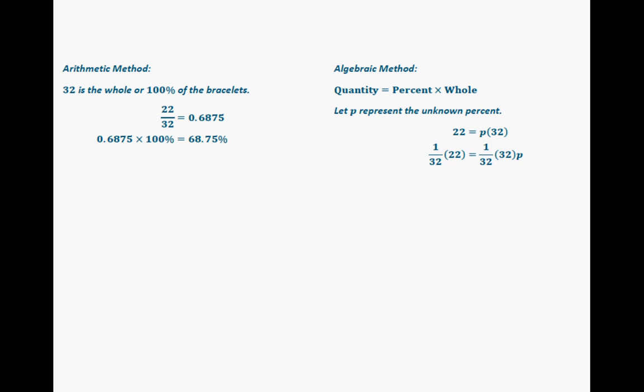Again, to isolate P, we multiply by the reciprocal of 32, which is 1/32, and we end up with the same thing, as you can see: 22 thirty-seconds. And when we turn that into a decimal, we get the same thing, 6,875 ten-thousandths. And we can turn that into a percent, just like we did here, and we end up with 68 75/100%.